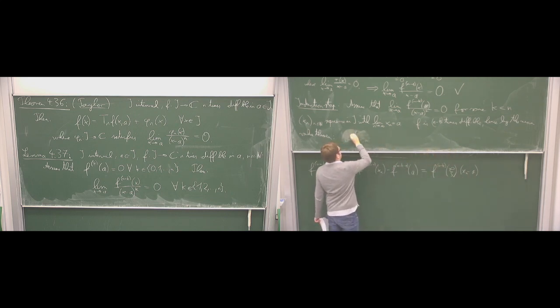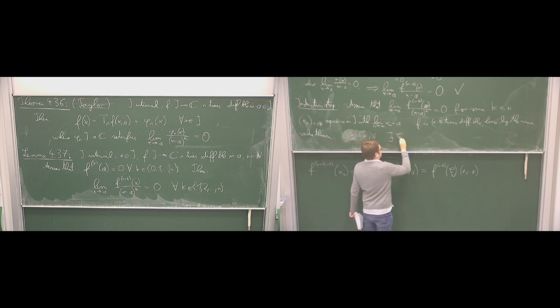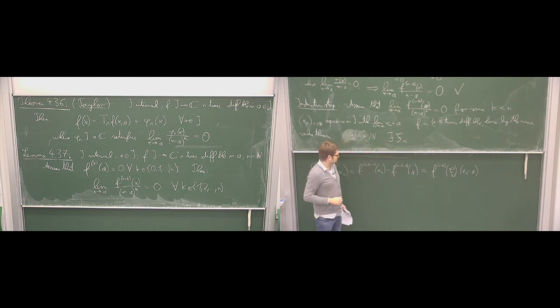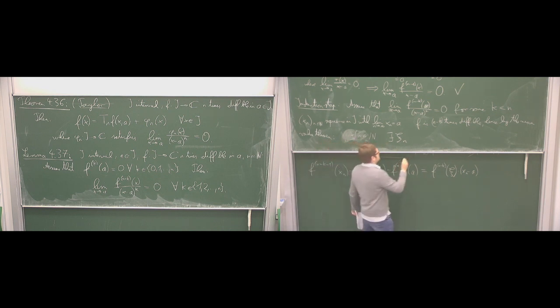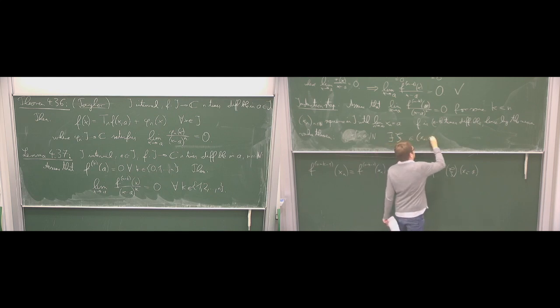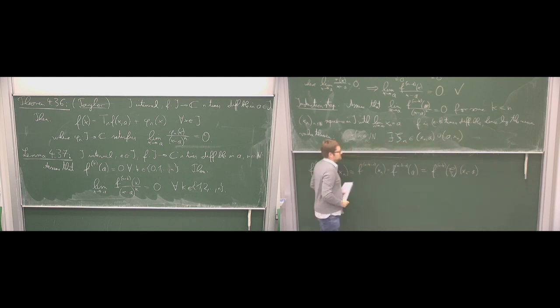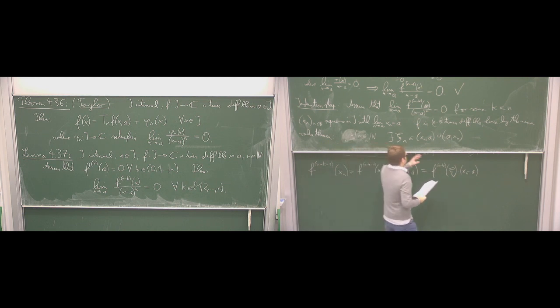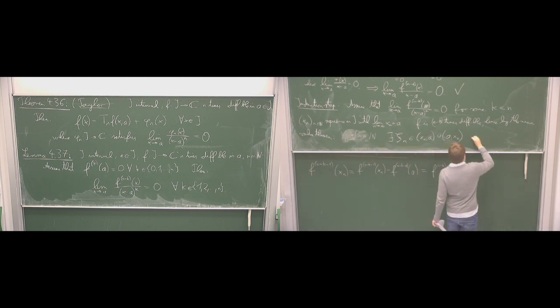For each n in N, there exists some psi_n, and this psi_n needs to be between x_n and a. I don't know which one of the two is bigger, but there's a nice way to write this: it's either between x_n and a, or in the union of a and x_n. One of the two will always be empty, but anyway. So there exists such a psi_n with this property.